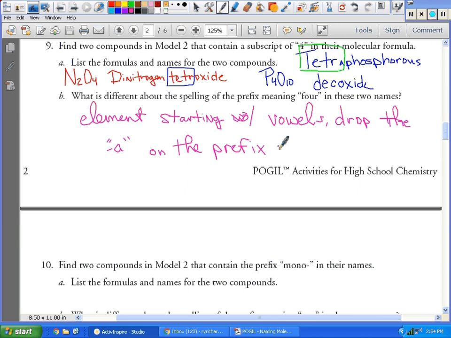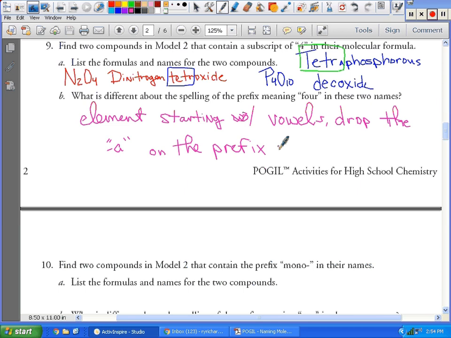Oxygen, arsenic, iodine, and astatine. Okay, so those are the 4. So oxygen, arsenic, iodine, and astatine. So that's going to be an element starting with a vowel. Drop the A on the prefix.